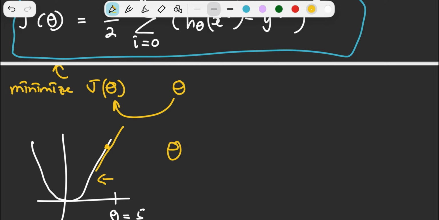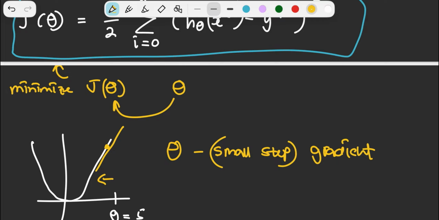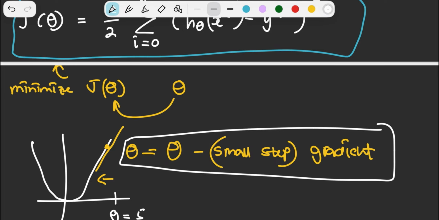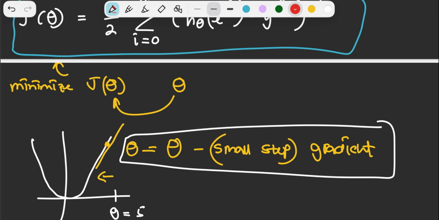So we start with our value of theta and subtract some small step in the direction opposite to the gradient, and we're going to have smaller and smaller values of theta. If you use this rule that I've just written over here, we can get closer to this minimum possible value, to the point where the errors are 0.